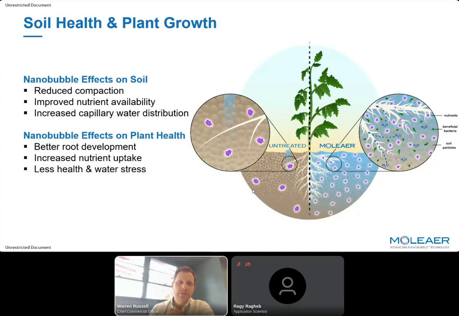So yeah, as we move to the influence on the behavior of water and the soil health, again, we use things like penetrometers to track soil compaction. The results are actually fairly dynamic. Within a few weeks, you typically start to see a reduction in soil compaction.